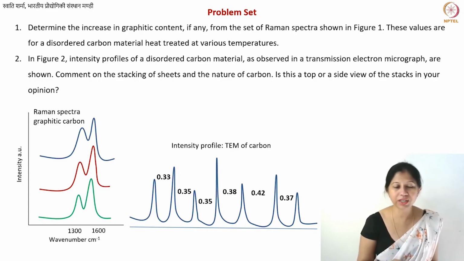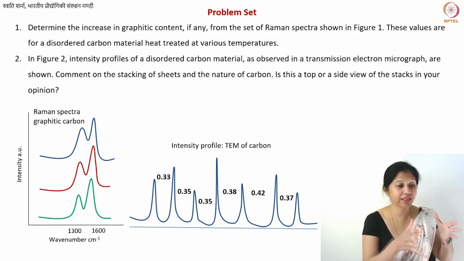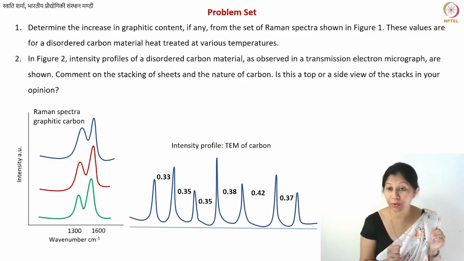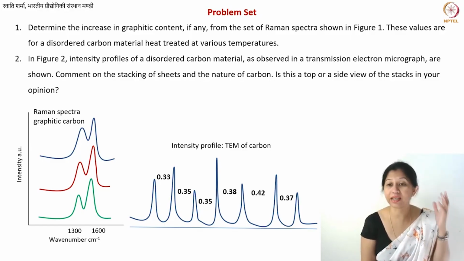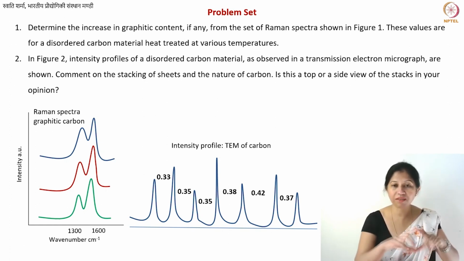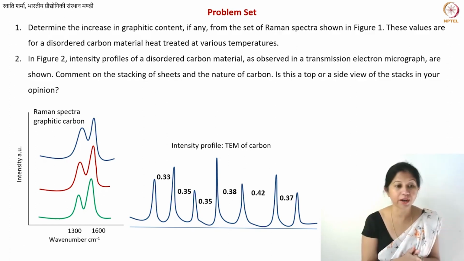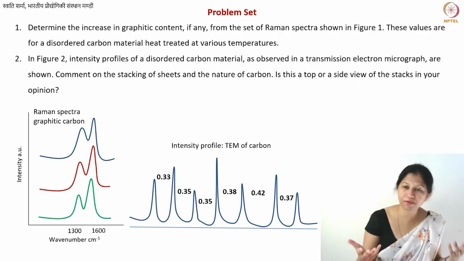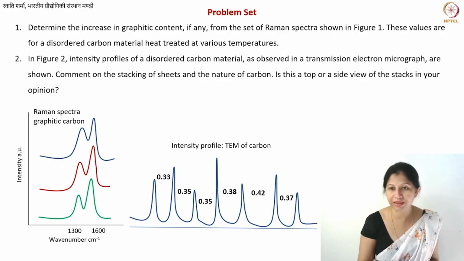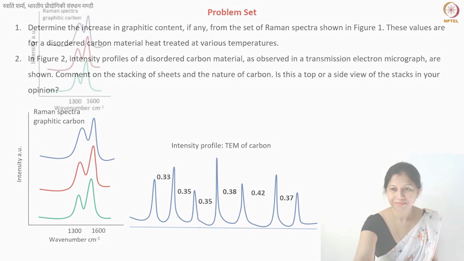So here, using the Raman spectra of the same carbon material at 3 different time points or temperature points, how do we determine if at all there is any increase in the graphitic content? So that is your Raman spectroscopy problem. And the TEM problem is very simple. You have an intensity profile, and now you need to find out what kind of stacking you have in your carbon material.